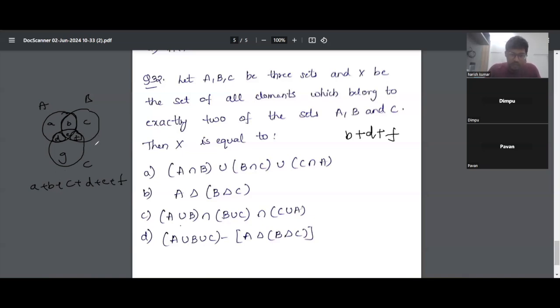I have to take the common part of all the unions. What will be the common part of all the unions? E. So let's see.